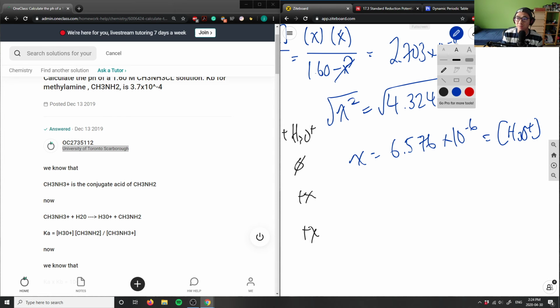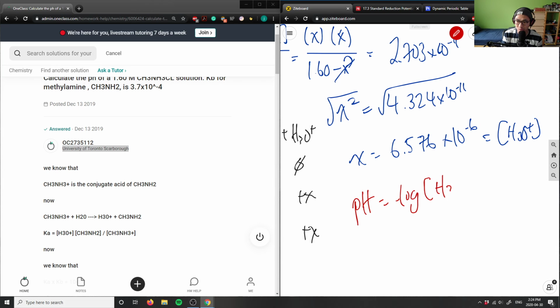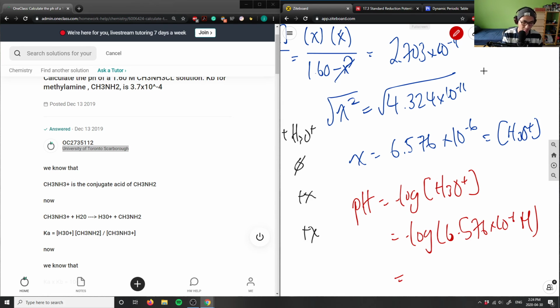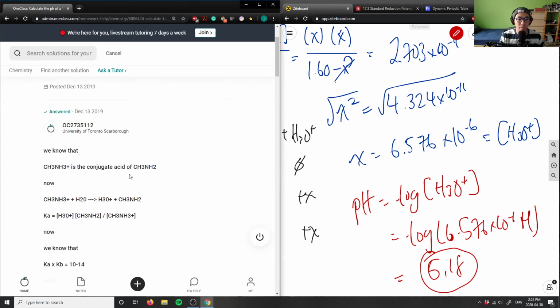I simply now have to solve for the pH. I know that pH equals negative log of my hydronium ion, so pH is negative log of 6.576 times 10 to the negative 6 moles. I plug that into the calculator and I get a pH of 5.818, and this will be my solution for this question.